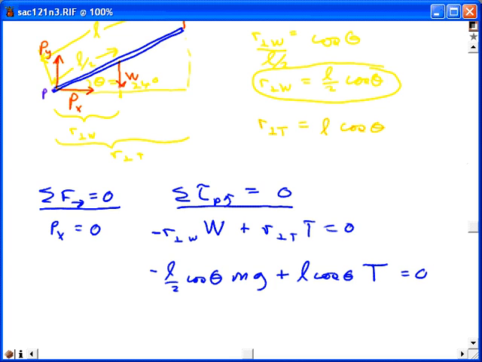The cosine of thetas cancel. The L cancels. L over L is 1, so that becomes a 1/2. What I've got here is T, and then I'll add the 1/2 mg to both sides, so T is equal to 1/2 mg.